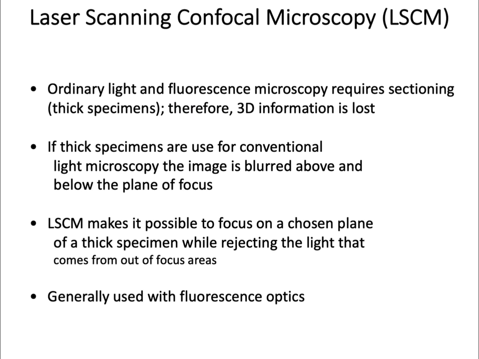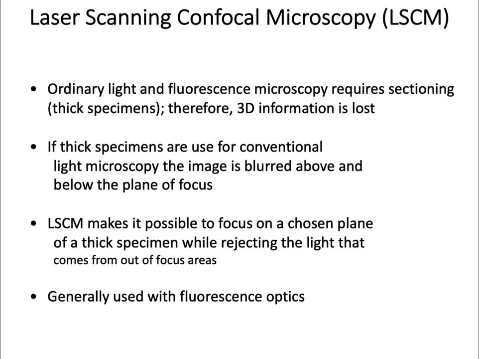A modification of fluorescence microscopy is laser scanning confocal microscopy, or just confocal microscopy. In the previous discussion of microscopy, I talked about techniques required for sectioning thick specimens for the light to pass through, which resulted in 3D information being lost.